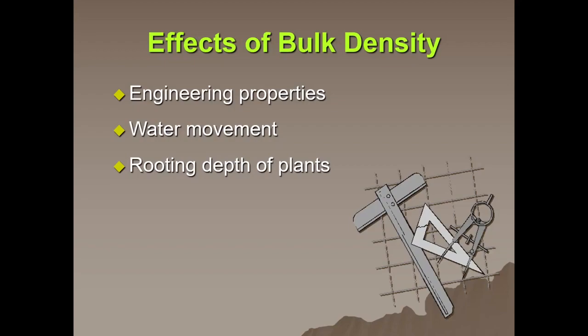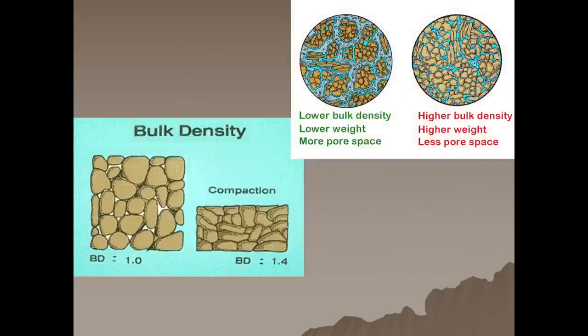In dry areas, we'll learn about the soils in dry areas in the next lecture. In the dry areas, we want to make sure that the roots can go deeper and deeper into the soil profile so that they can extract water from the deeper soil layer. Here you can see the bulk density is 1. The soil looks pretty loose because we have a lot of air space, and here the soil is compacted and the bulk density is already 1.4.